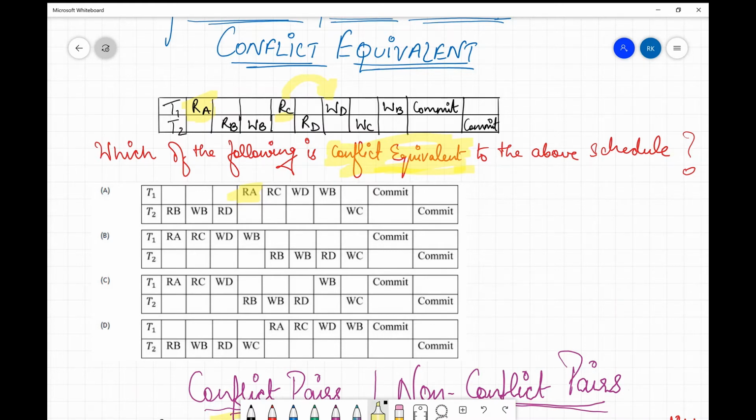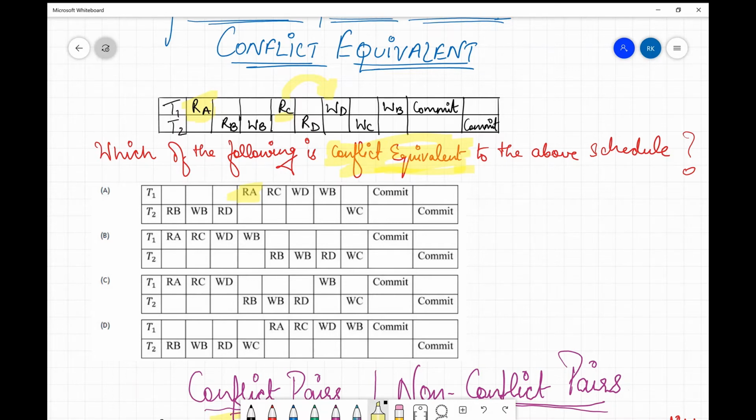So now we need to check if this RC and RD is a conflict pair. Clearly you can see the operations are being performed on two different data items, and also they are read operations. So it does not pose any problem to us. That means this particular thing is also feasible. So up till here we do not have any problem.